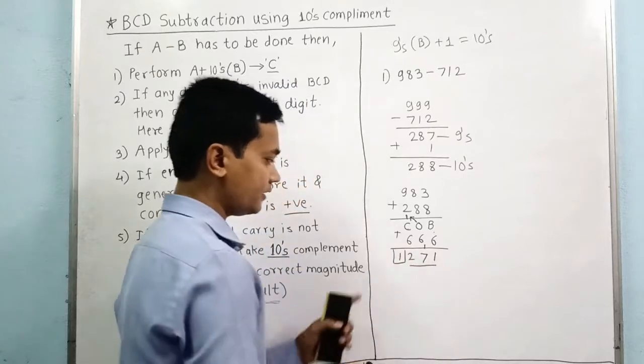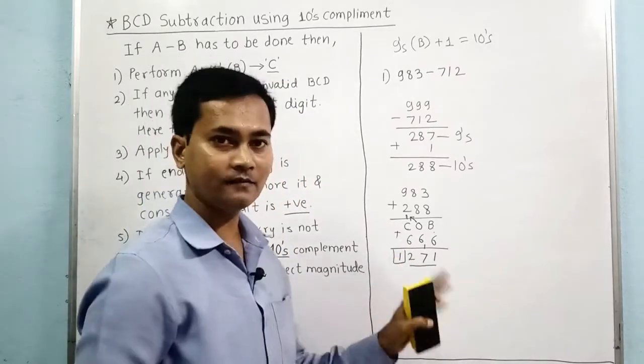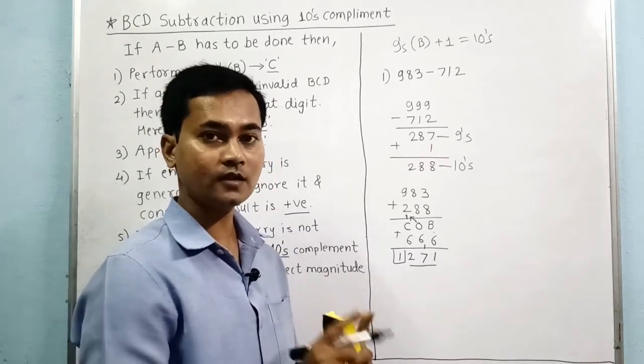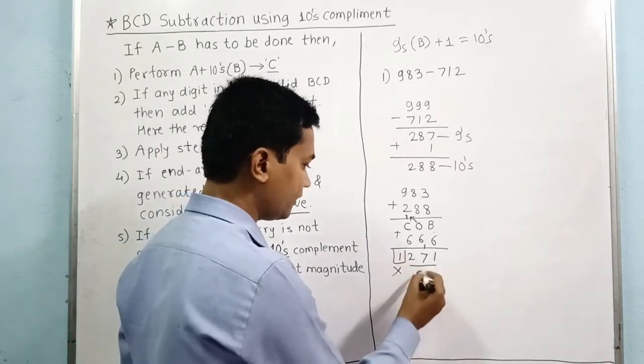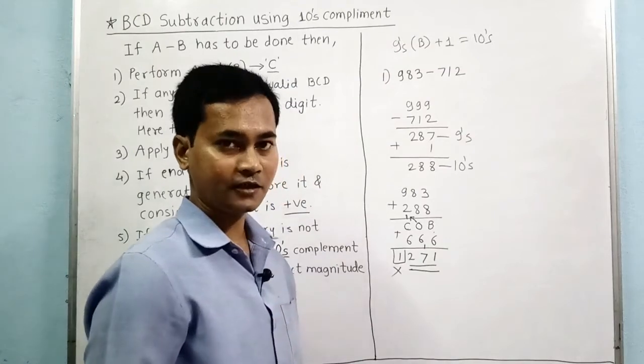Yes, the carry is generated, which means the result is positive and we ignore the end around carry. By ignoring it, we get the actual result: 271.